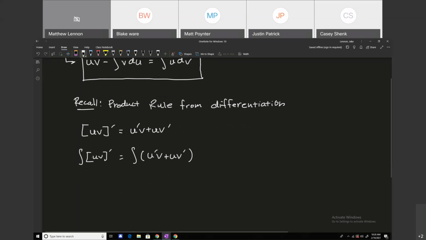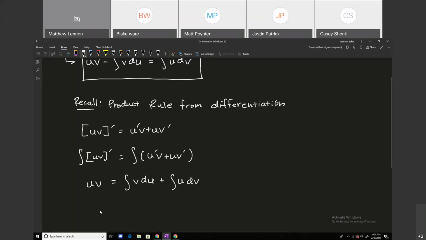Integration should undo the process of the derivative here. So on this side, we just get uv, and on the other side, we can split it into two parts. On the one hand, we've got the integral of v with u prime, which instead of u prime, I'll call it du. And then the other one would be the integral of u with dv instead of v prime.